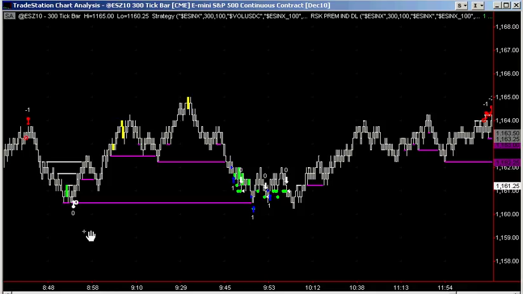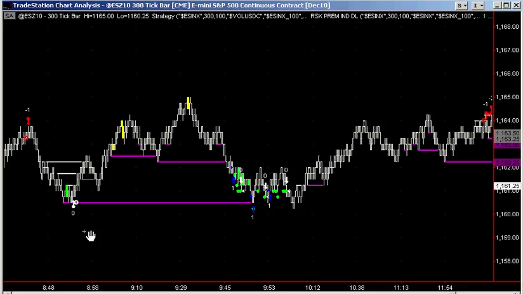Now let me talk about the several features that are in this indicator as well as the strategy. The indicator, first of all, does several important things. Number one, it will give you well-defined entries and exits based upon the coloring of the bar and the various settings that you choose to set up in your indicator.